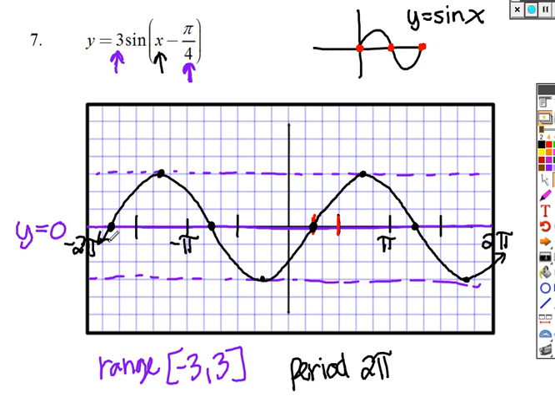Again, I might want to test a point or two on this function. So let's check this point. Let's see if I've actually plotted it correctly. We would be here at, so this is 1/4 pi radians, pi over 2 radians. This would be 3/4 pi radians. So let's make a table.